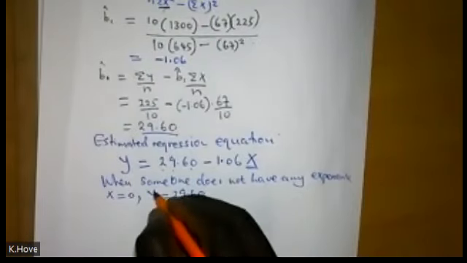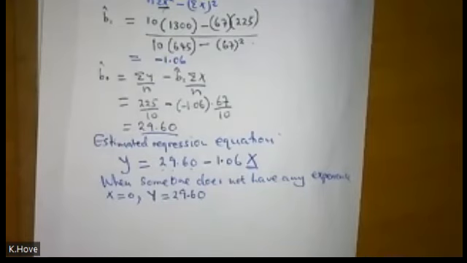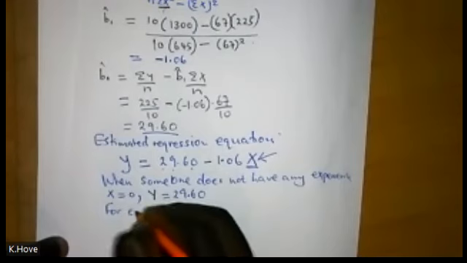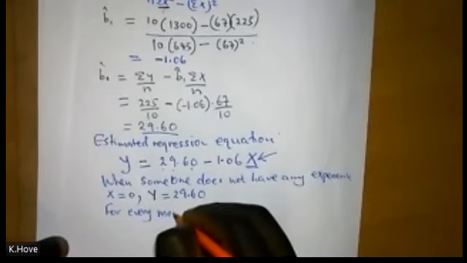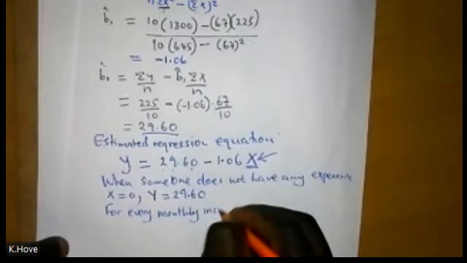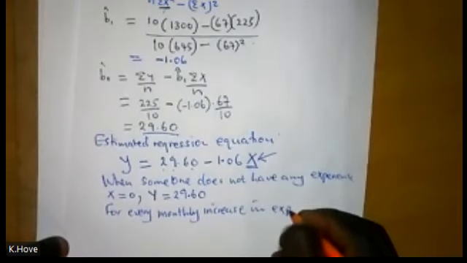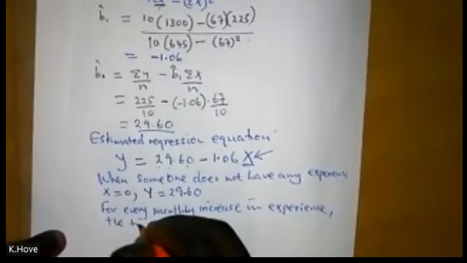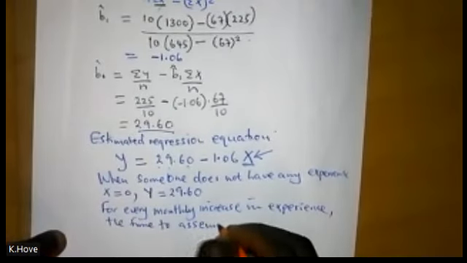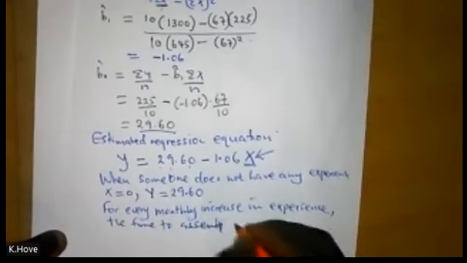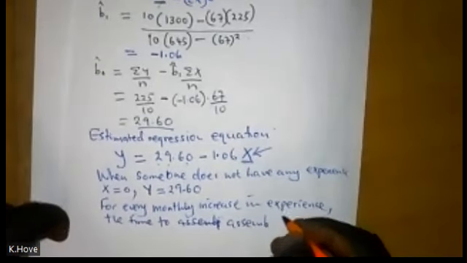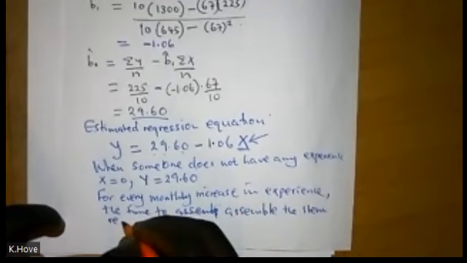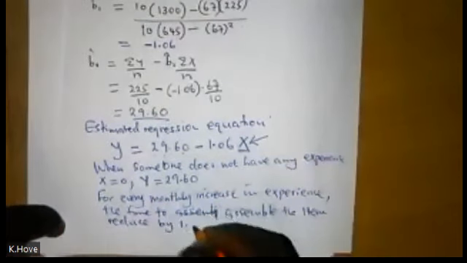Now, if these are months, one should realize that for every unit increase, for every monthly increase in experience, the time to assemble the item will reduce by 1.06.